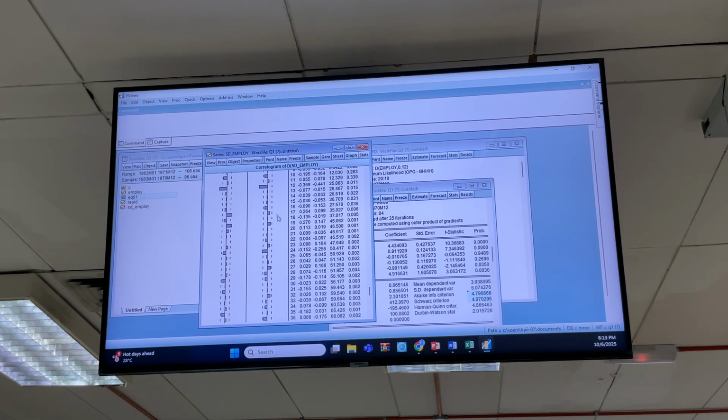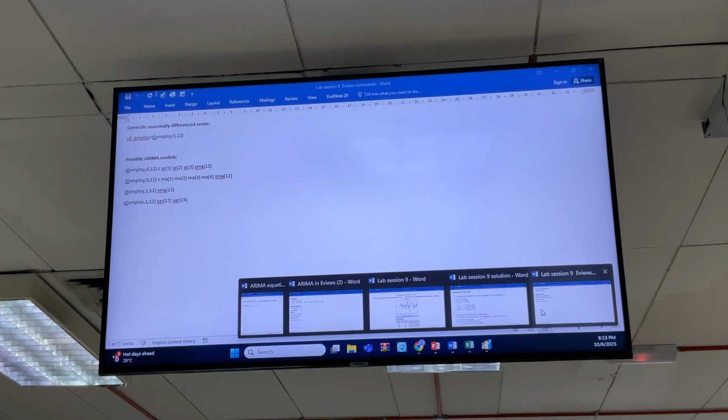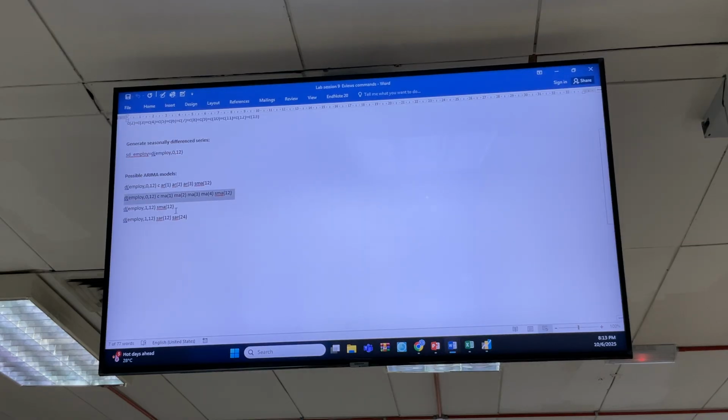This one is not significant. So only this one, so SAR 2. So you can try this. Okay, and then SMA 1 or SAR 2. If SMA 1, because monthly data you put 12. SAR 2, because monthly data you put 12 and 24. Okay, so estimate this one first.